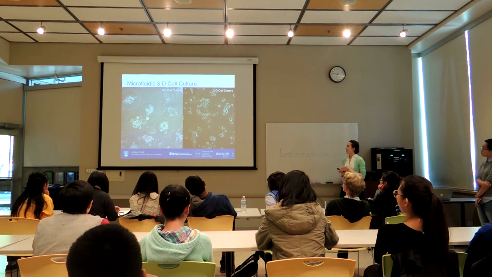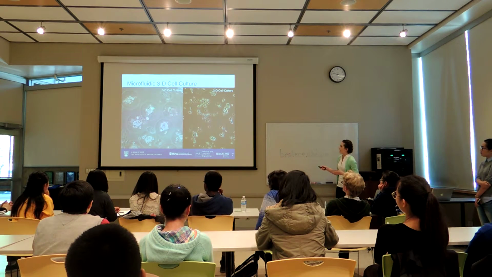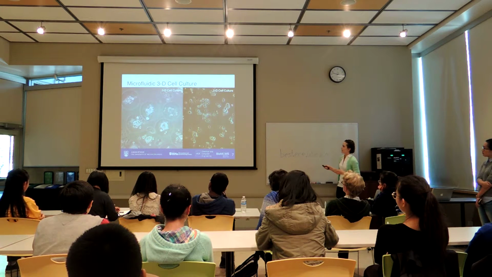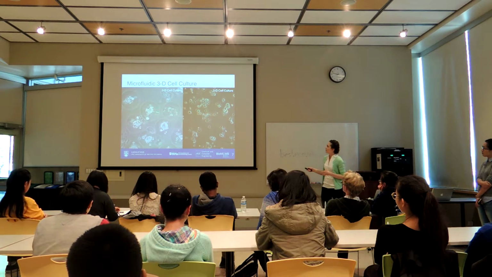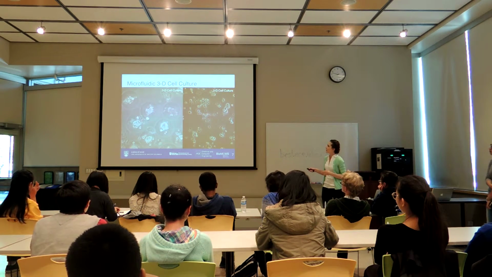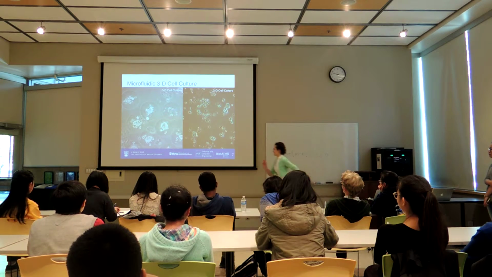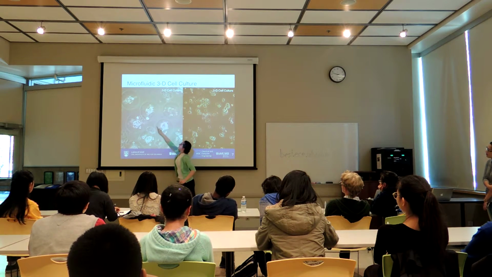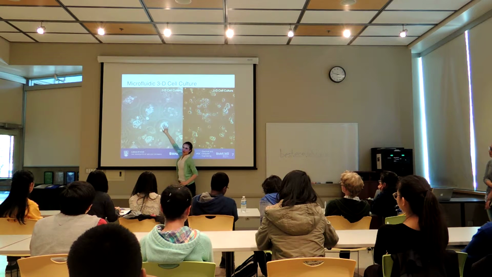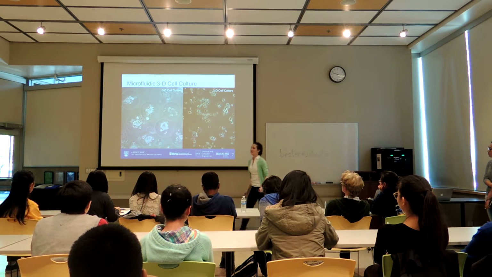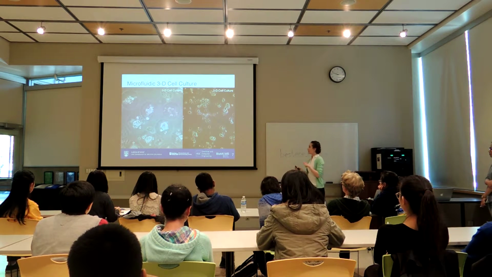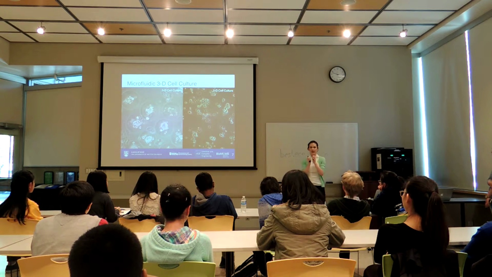Here I have a comparison between the cells growing inside the beads and the cells growing on a flat surface. These circles are the beads, and this is a cluster of cells that are growing inside. When the cells are initially put into the bead, they are just single cells spread out in there. But because they're growing in 3D, they form these ball-like structures, which are called spheroids.